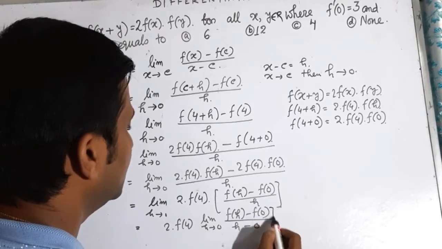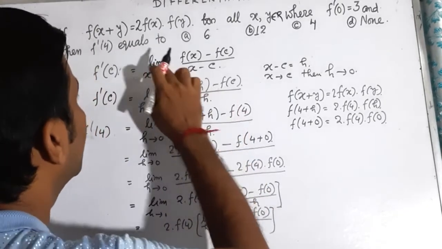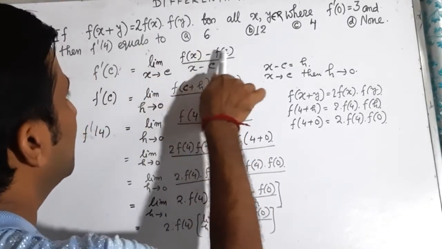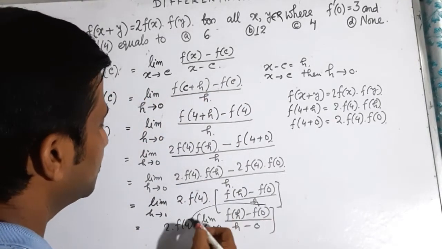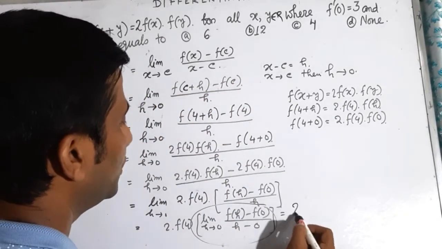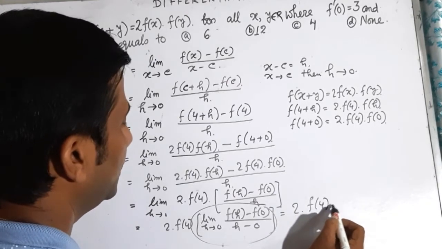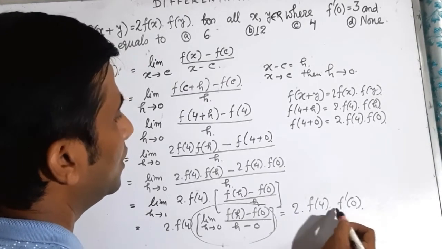This leads to the definition, so this transforms to 2 into f of 4 into f dash 0.